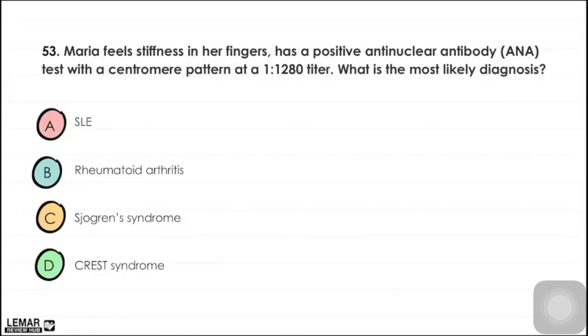Earlier we said centromere pattern, or a discrete pattern in ANA staining, would suggest CREST syndrome. Number 53, the answer is letter D.